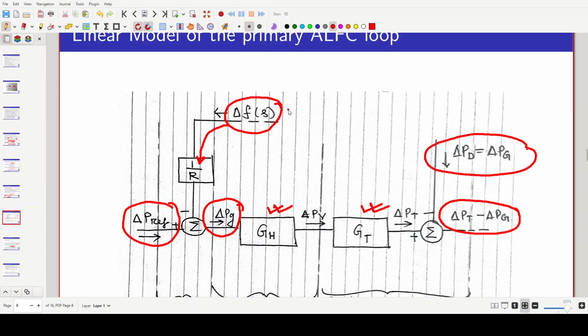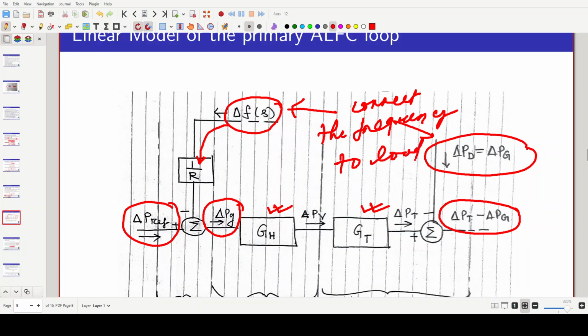Here some equation needs to be found which will connect the frequency to the load power. We have discussed that in our class. What we discussed is that load power is basically the kinetic energy of the turbine or the shaft, or you can say the rotor of the machine.